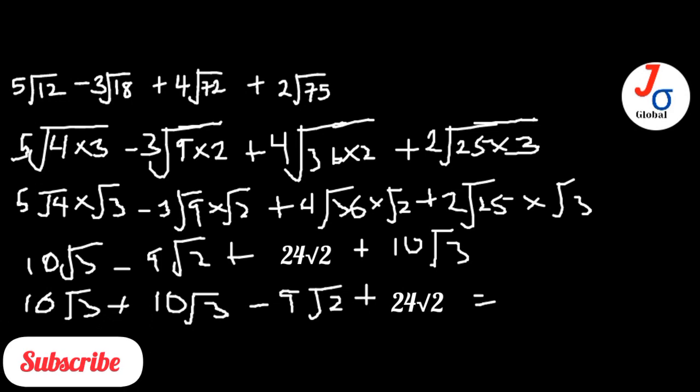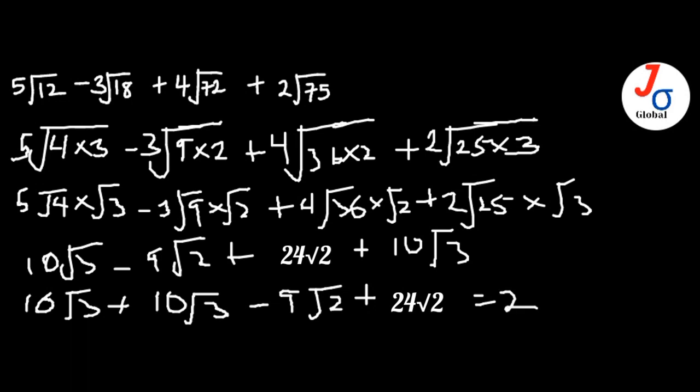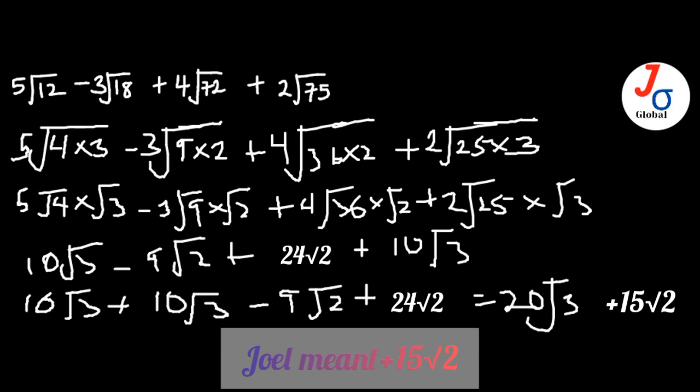So 10 plus 10, I got 20 root 3. Then I've got minus 9 plus 2, since they are both similar. And that's minus 7. I have minus 7 root 2. And that's our final answer to this question.